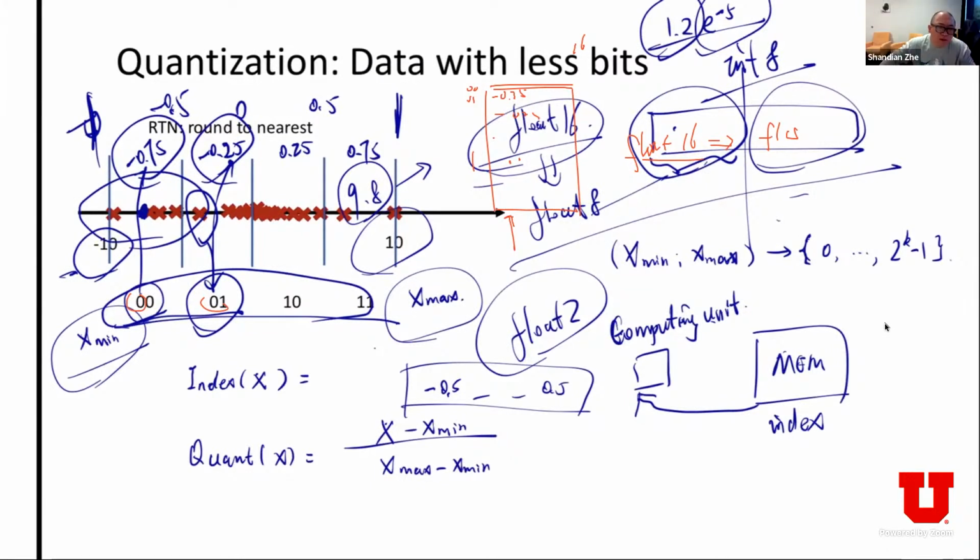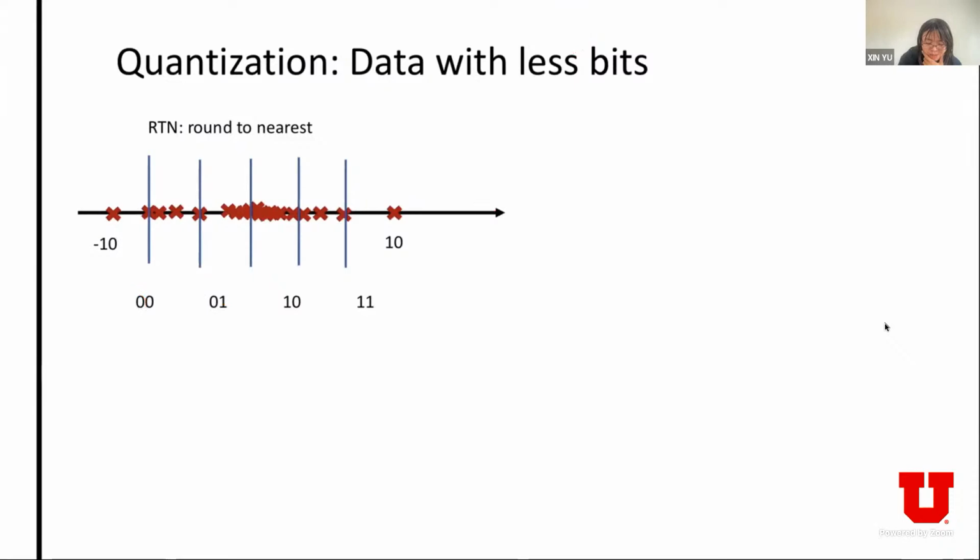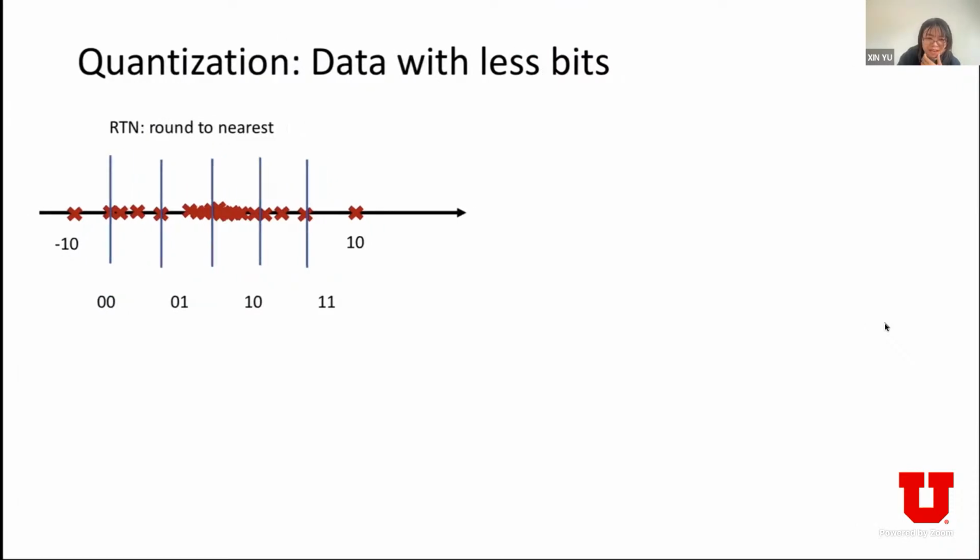Does the current method always use evenly spaced binning, or is there some automatic method to determine the binning approach? Actually, that's what I will talk about next. There are two things. The first thing, for the round to nearest one, is that the distribution of the data is not even.